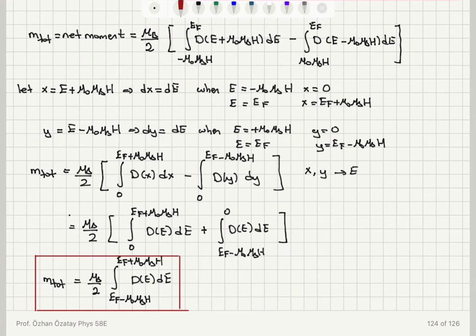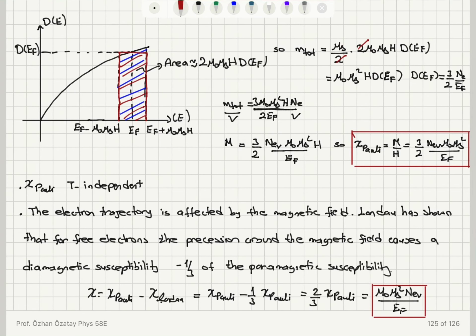So by performing this integral, what I'm really trying to do is to calculate the area in the vicinity of the Fermi level, in the range E Fermi minus to E Fermi plus mu 0 mu B H. That area can be approximated as the area of this rectangle: 2 mu 0 mu B H, this length, multiplied by the density of states at the Fermi level, that is this length here.